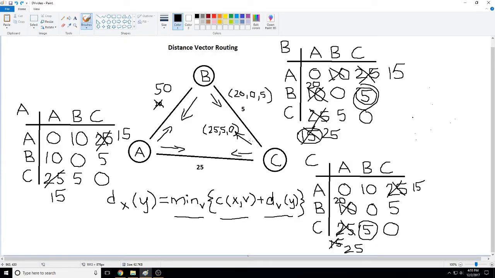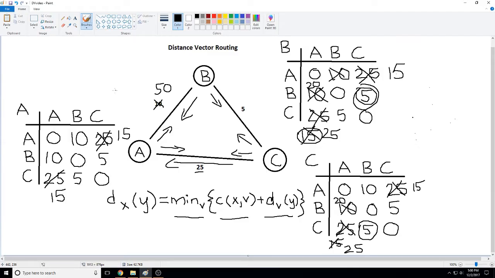Node C will then send its distance vector of 25, 5, and 0 to node B and continue the process of counting up. The next iteration, C will realize that it has a direct path of 25, which is a new low-cost path directly to A. This problem is called the counting up or count to infinity problem.